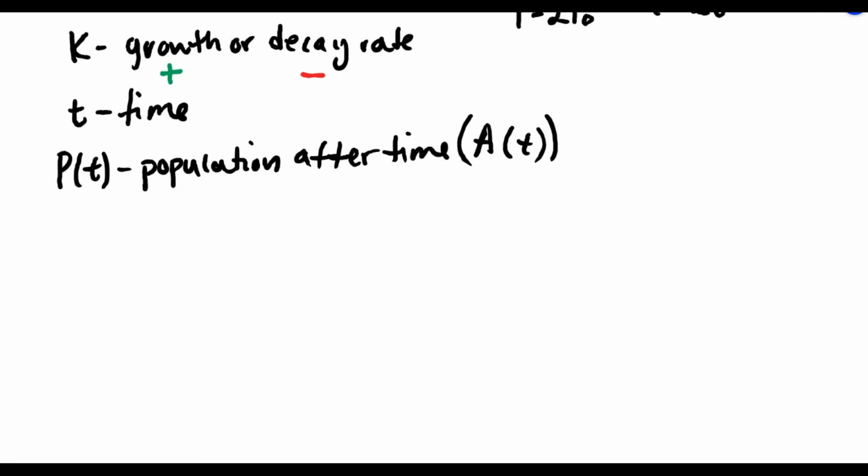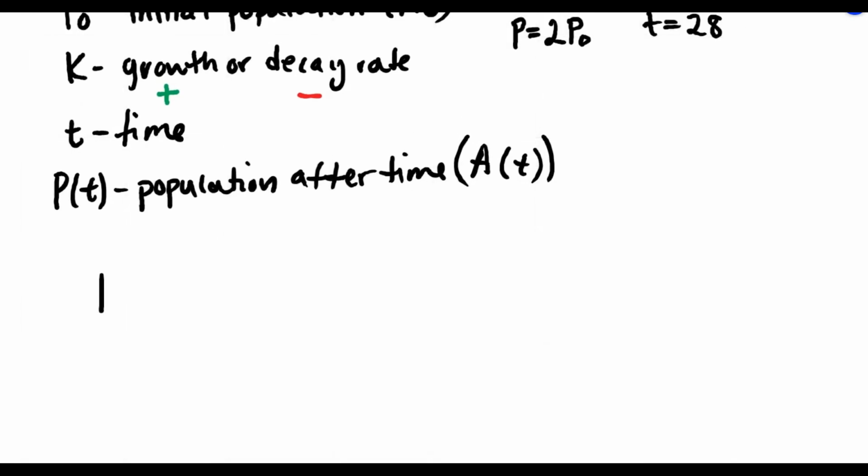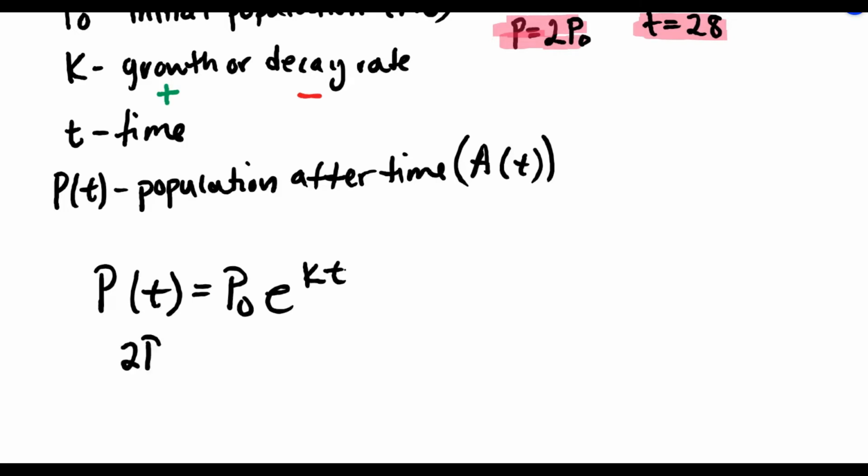So we have our formula, P of t equals P naught e to the kt. And with just using these two pieces of information about 28 months and the population doubling, I would be able to substitute 2 times P naught in for P, leave P naught here, and substitute a 28 in for time.